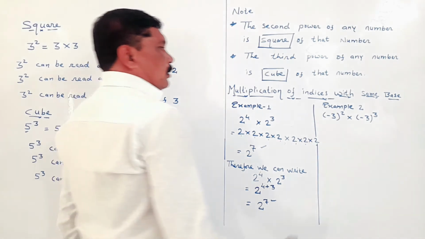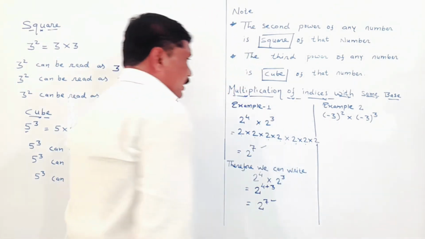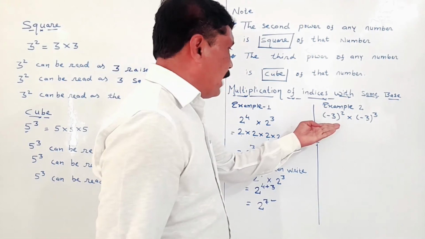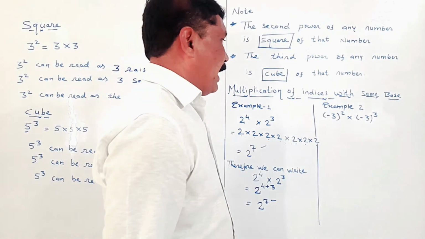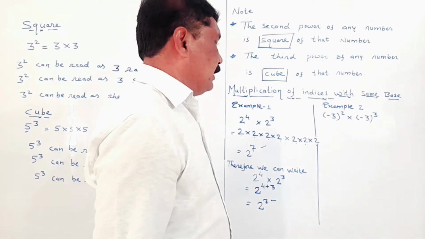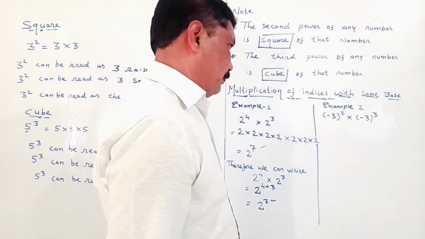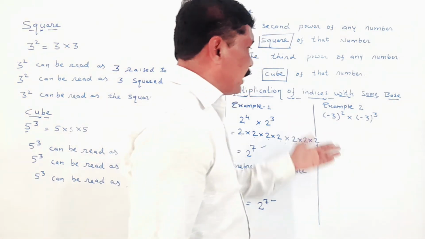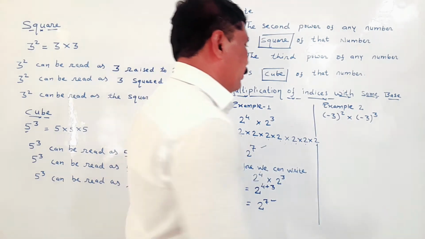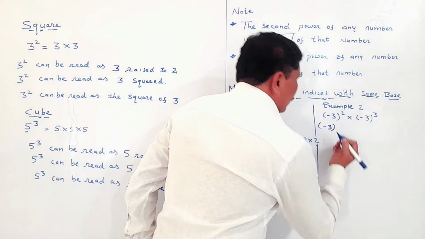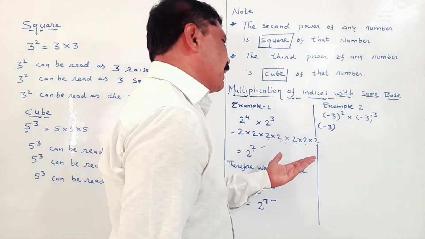Let's consider one more problem. My dear student, again we have here two indices which have the same base and they are multiplied, and this we can write in another form also. We can write the base again and again. So we will take here the base which is minus 3, and we can write it again and again.